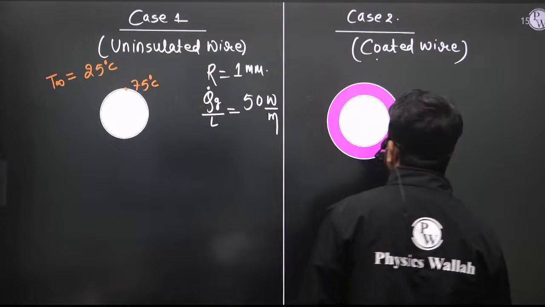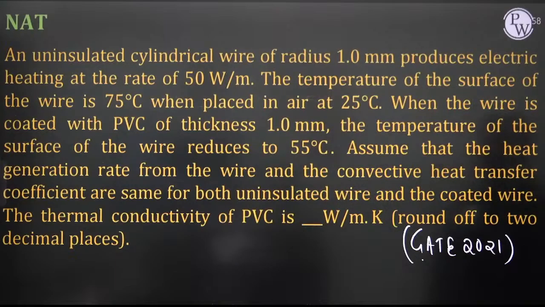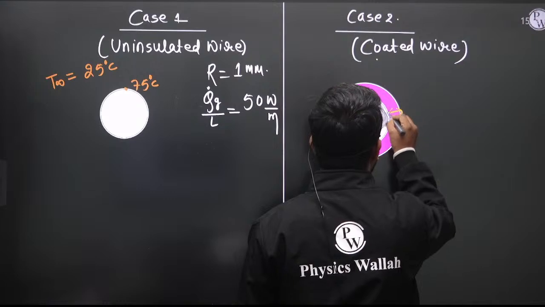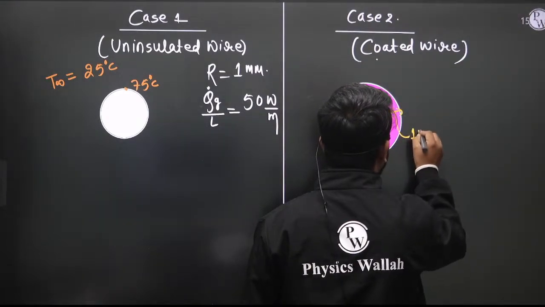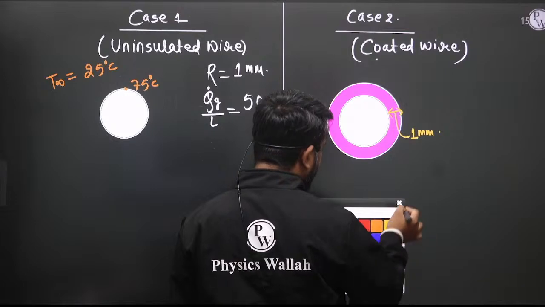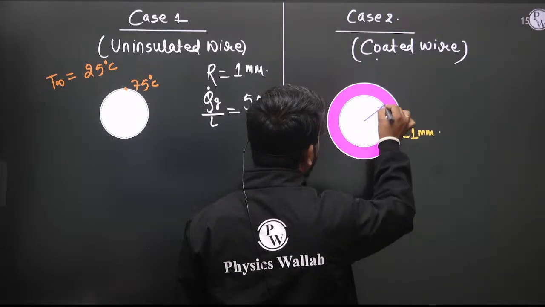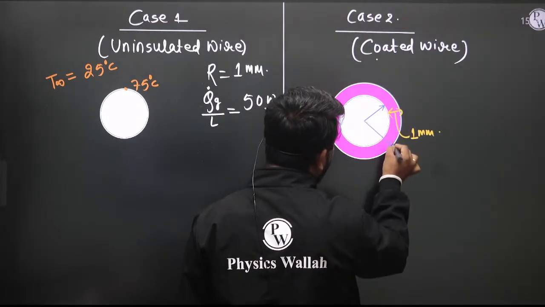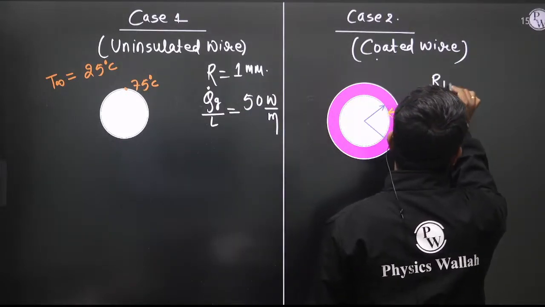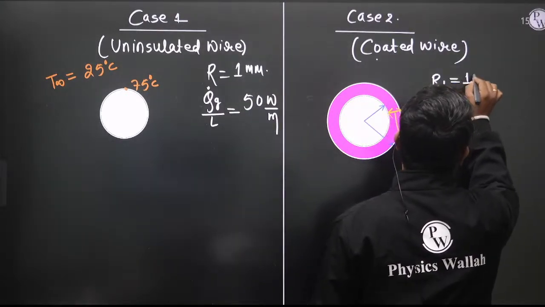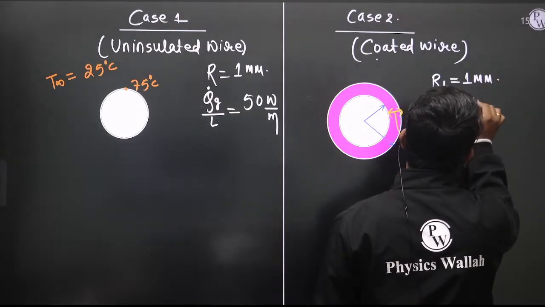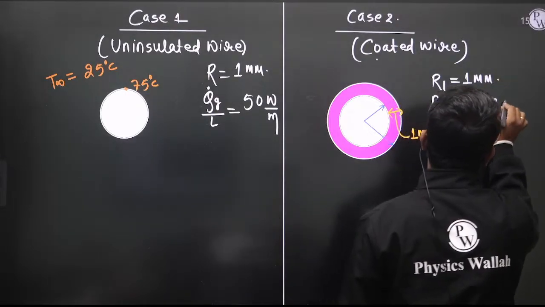The thickness of insulation is 1 mm. If I say this is R1 and this is R2, can anyone tell me what R1 and R2 are? R1 is 1 mm, and R2 is 1 plus 1, that means 2 mm.